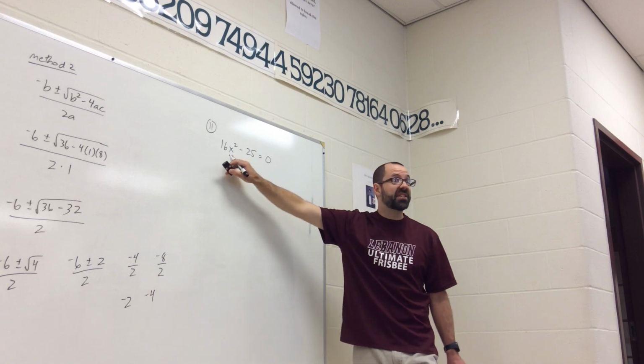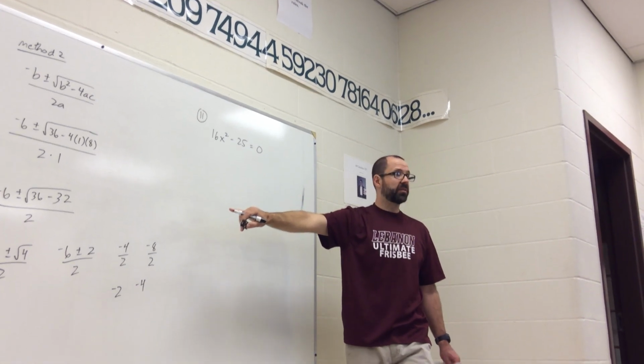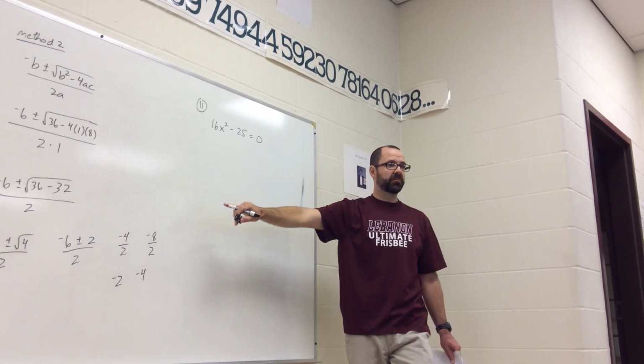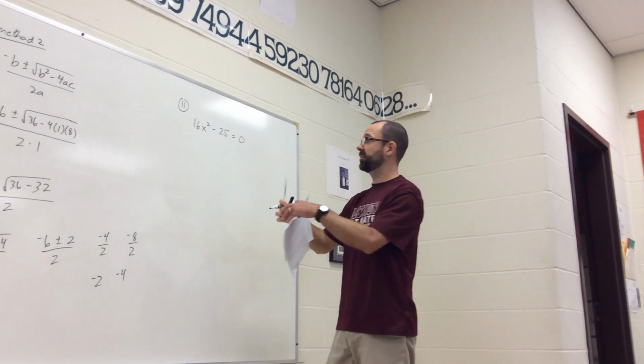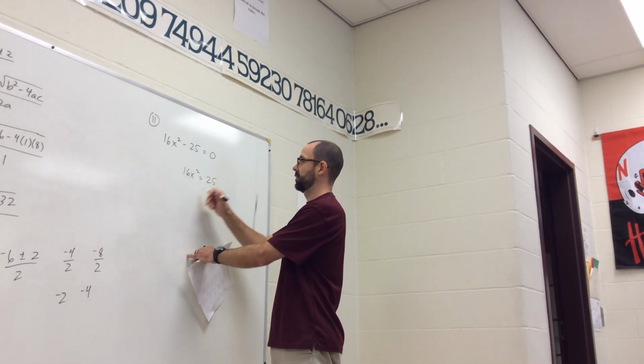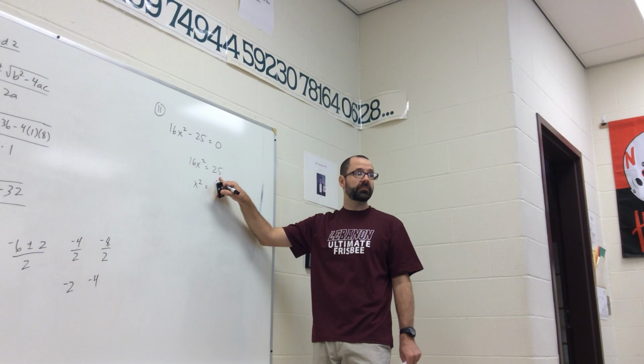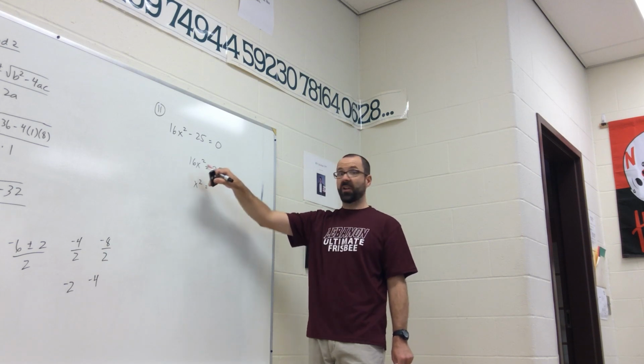Since it just has x squareds in it, it's easier than number 7. We can just add the 25. So add the 25 to the other side. And then divide by the 16.